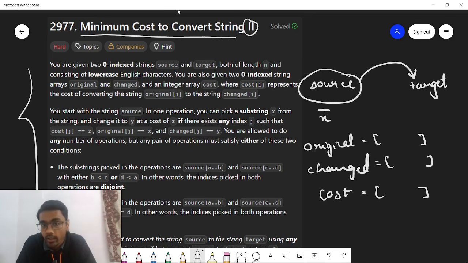These are the three arrays given. In each operation, you can take a substring of the source string s, let's say you name it x, and that substring x should be present in original.